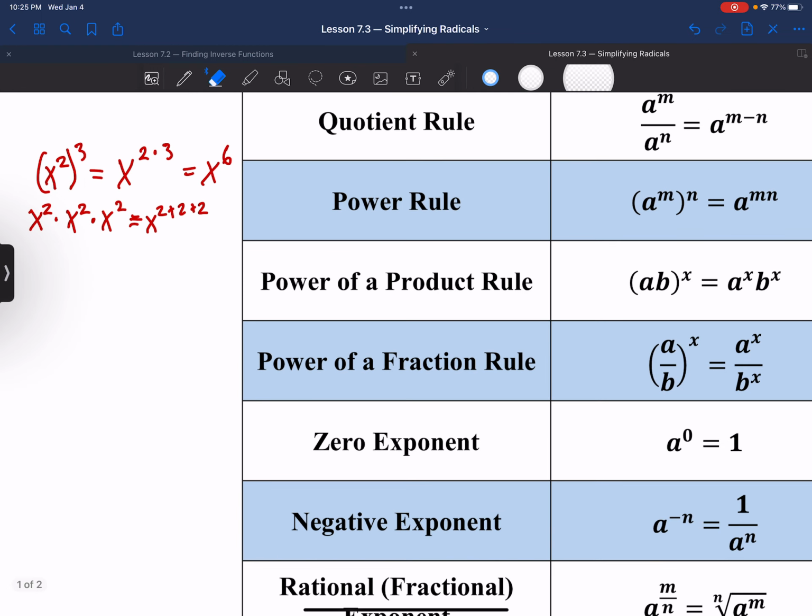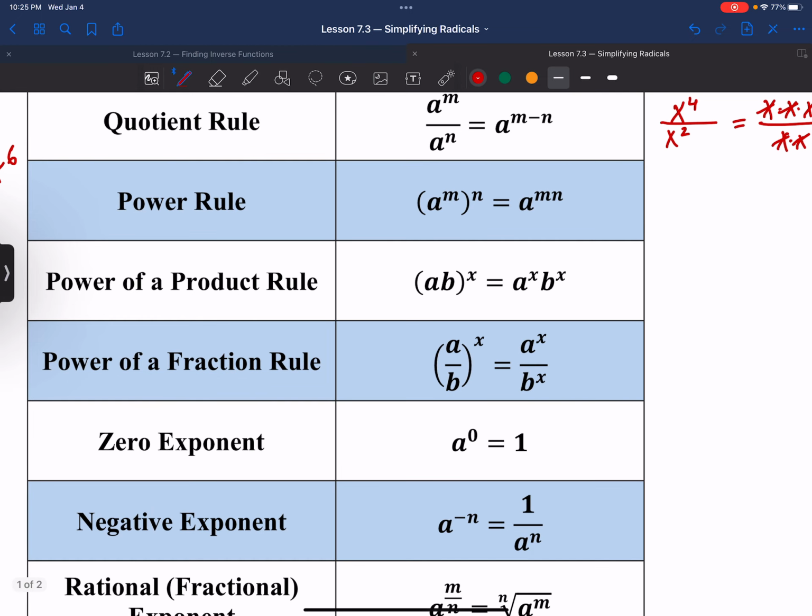Now moving on to the power of a product rule. This essentially says that you can distribute this power onto those bases. This goes for both the power of a product and the power of a fraction or quotient. I can apply this power to both of these bases. So, for example, if I have x times y to the power of 3, then this equals x cubed, y cubed.